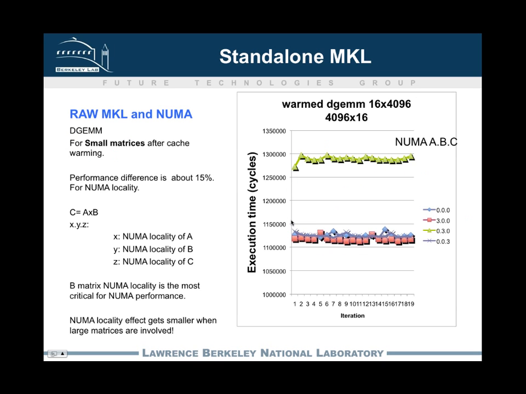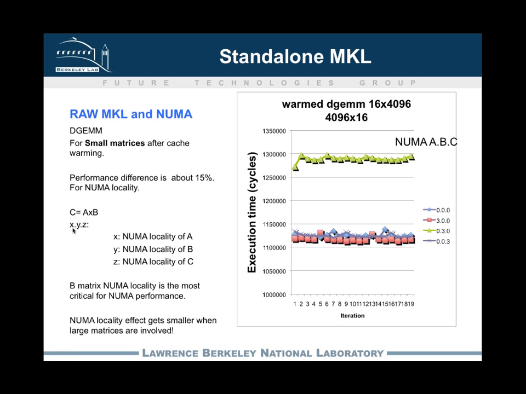The second aspect, and we're still talking about the performance in isolation, since we haven't yet contrasted the performance within Libtensor with the performance in isolation. Looking at DGEMM again, here I'm looking at a small problem. We want to compute C equals A multiplied by B, and these are all matrices.